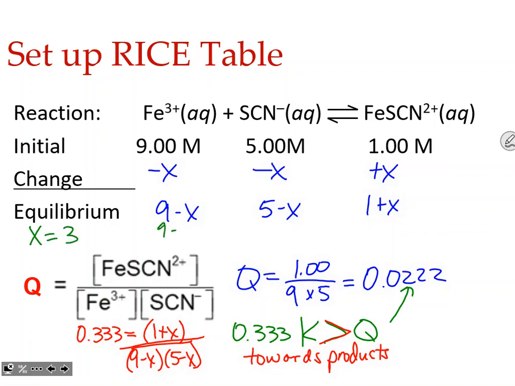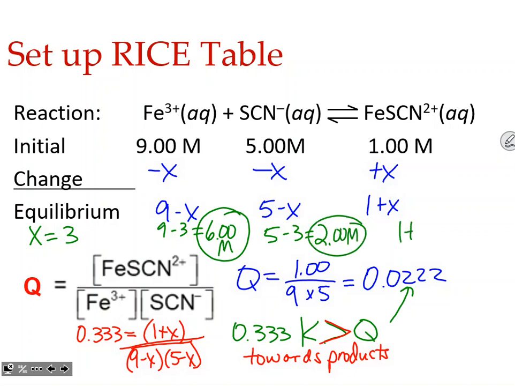So 9 minus 3 gives us 6 for this one. 5 minus 3 gives us 2 for this one. And 1 plus 3 gives us 4 for this one. So those are our equilibrium concentrations for all of the species.